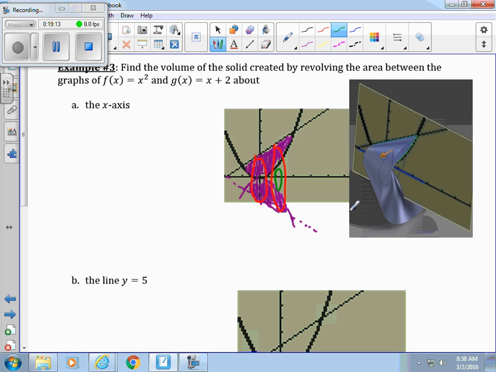I want to show y'all the 3-dimensional image of that. So if you look to the right, you can see what the 3-dimensional image looks like. Rotating this around the x-axis, we have an inside circle and an outside circle happening. Does everyone see the picture? Thank you.